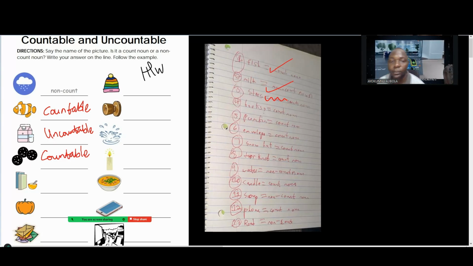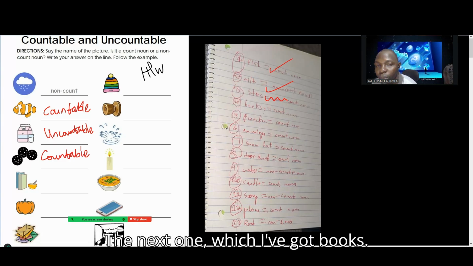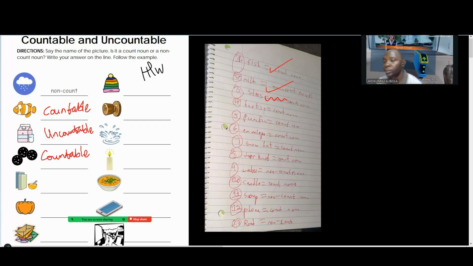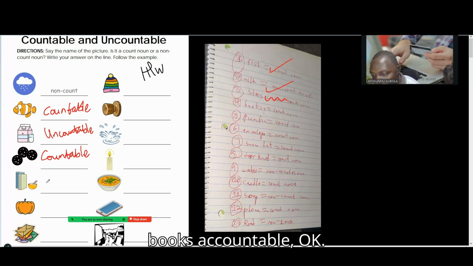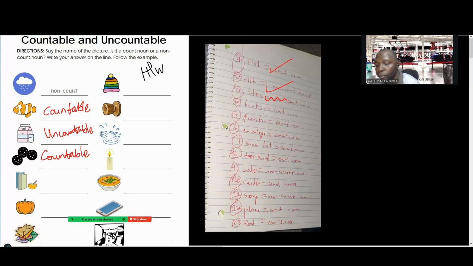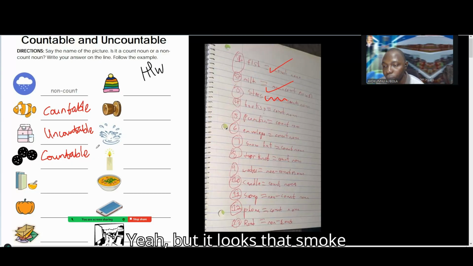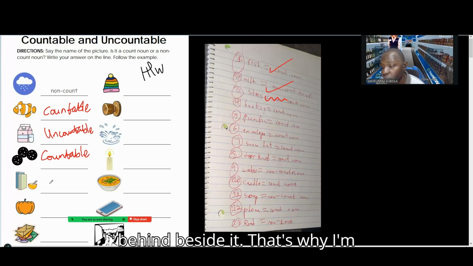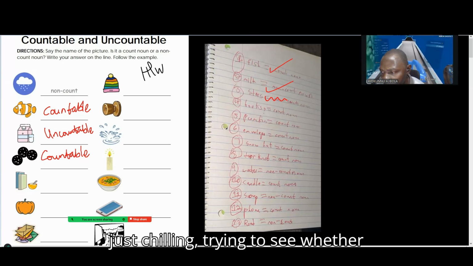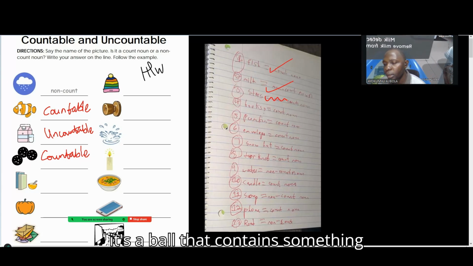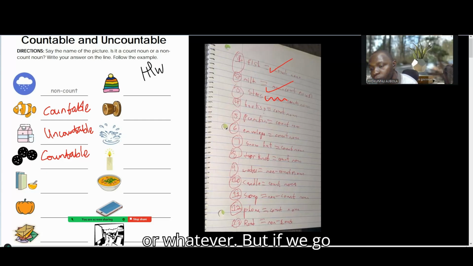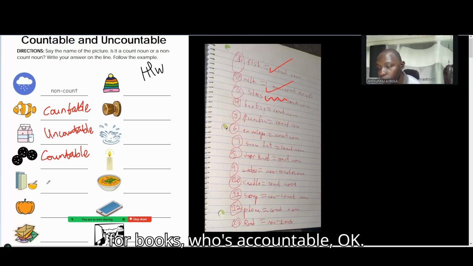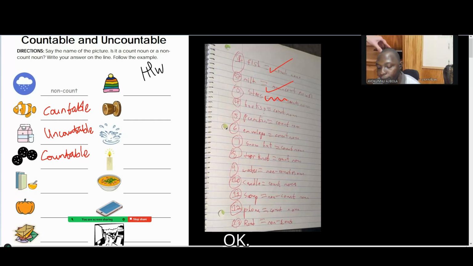Then the next one, we talk about books. If they are books, yeah, books are countable, okay? But what's that spelled beside it? I'm even trying to see whether it's a bowl that contains something. But if we go for books, we'll say countable.